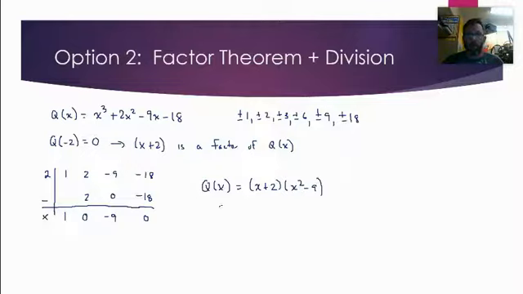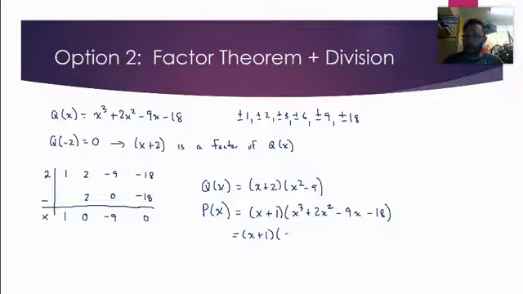Things are looking familiar. So putting everything together, p at x was x plus 1 times our cubic guy, x cubed. I'm kind of rewriting this because I just want to reinforce some things. And we just showed that that cubic expression can be written as x plus 2 times x squared minus 9.